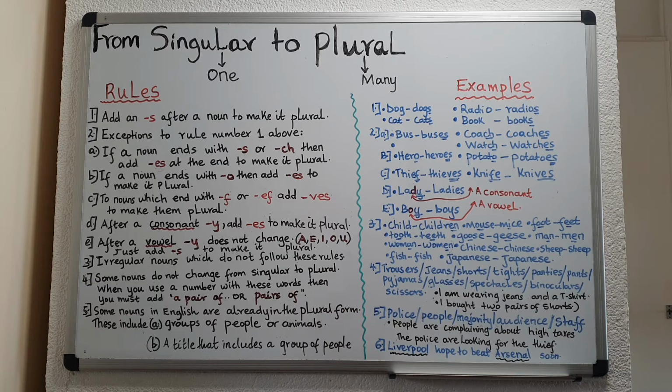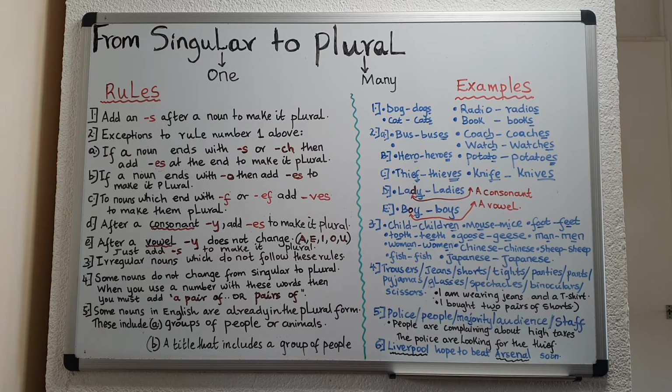So to change it to plural, we add ES and it becomes watches. So, if you have a noun and the noun ends with an S or it ends with CH, to make it plural, add ES.